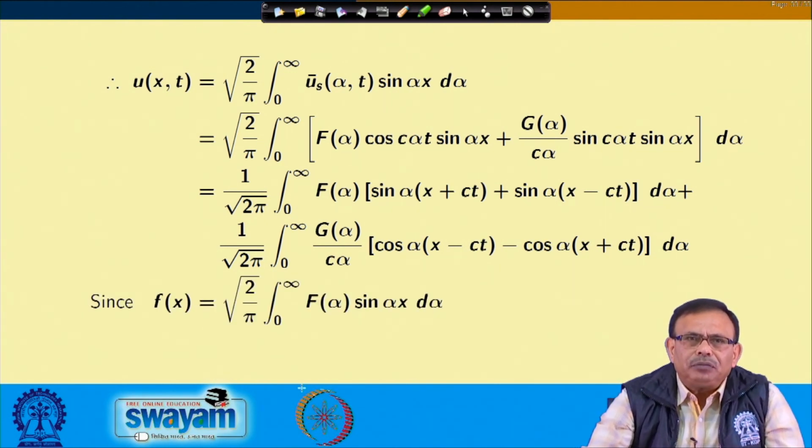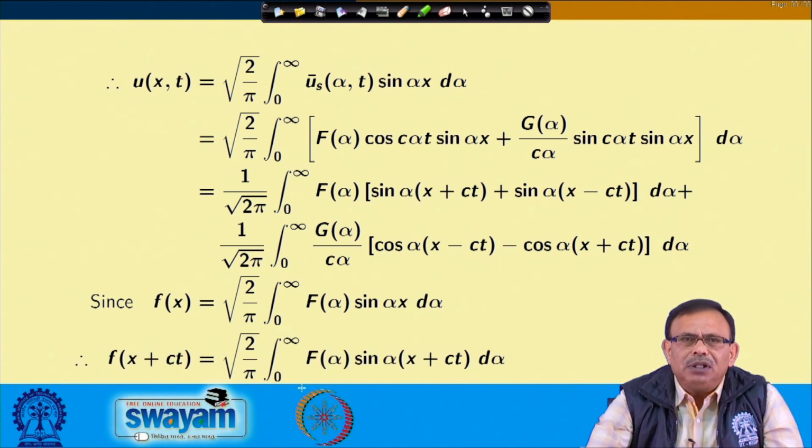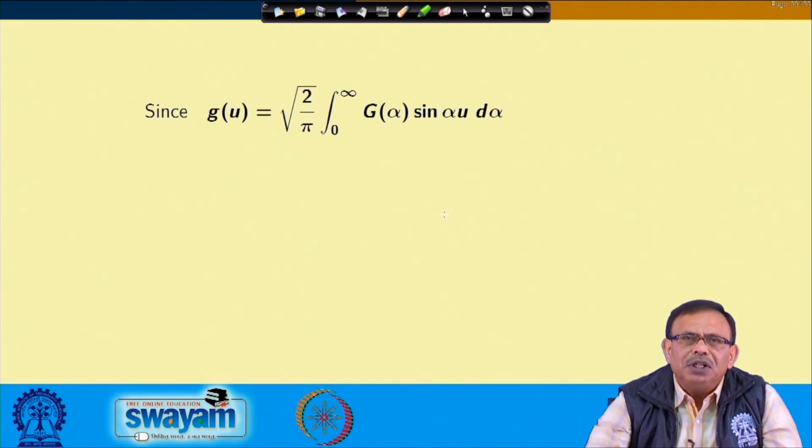What I am doing, I know that f(x) equals root over 2 by pi, integral 0 to infinity, F of alpha into sin of alpha x. Therefore, f(x plus ct) will be root over 2 by pi F of alpha into sin of alpha(x plus ct), that is whatever I am getting here. And similarly, f(x minus ct) also I can find out. Also, now see for g what happens. g(u) is root over 2 by pi, integral 0 to infinity, G of alpha into sin alpha u du, from the inverse Fourier sine transform I can write down.